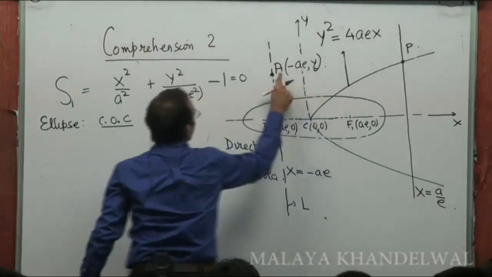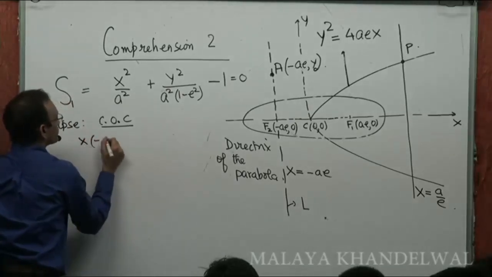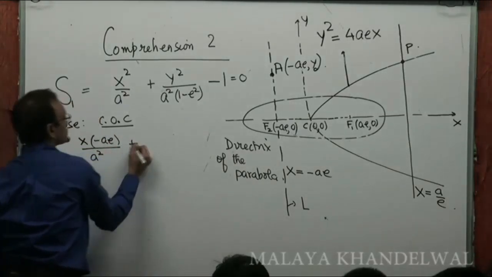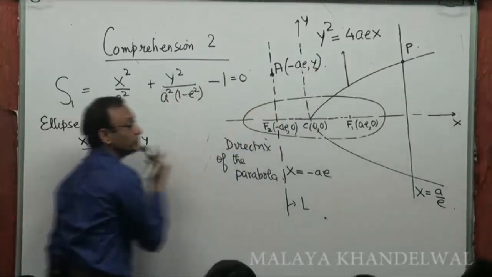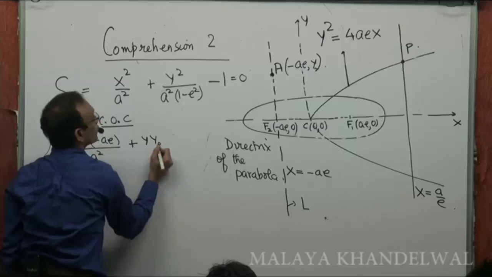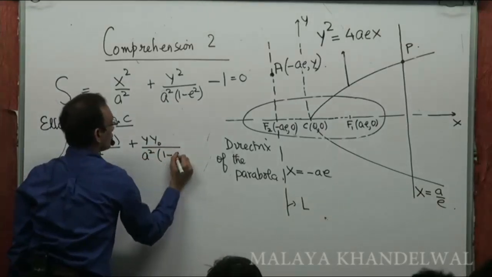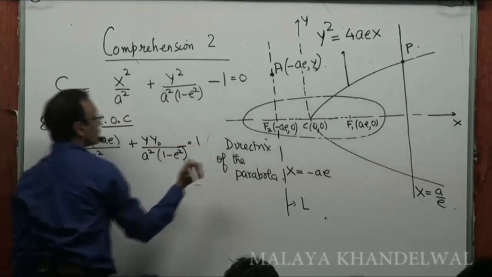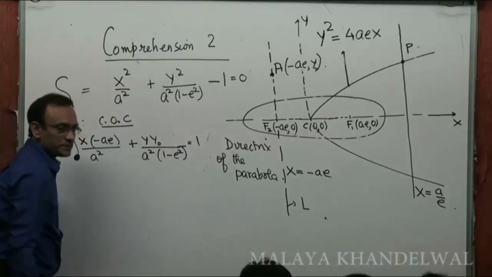So, the chord of contact of the ellipse with respect to A would be x(x1) by a squared plus y(y1) by b squared equal to 1, where y1 is y naught, which is a variable. That's the chord of contact with respect to A of the ellipse.